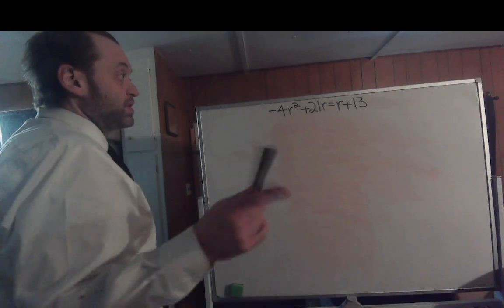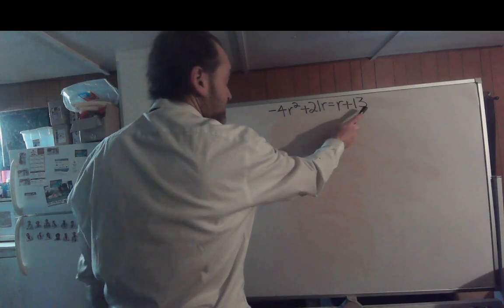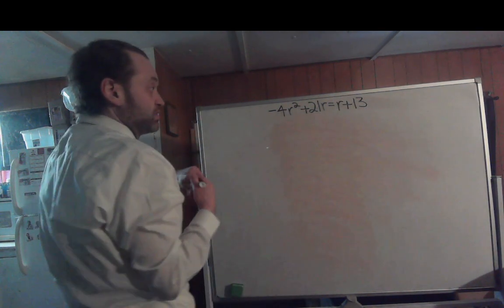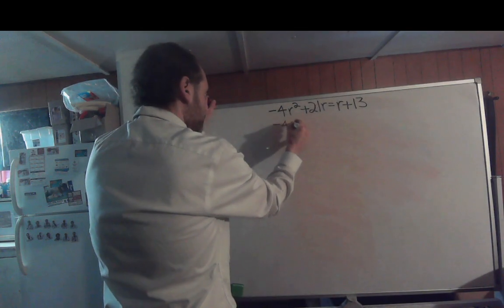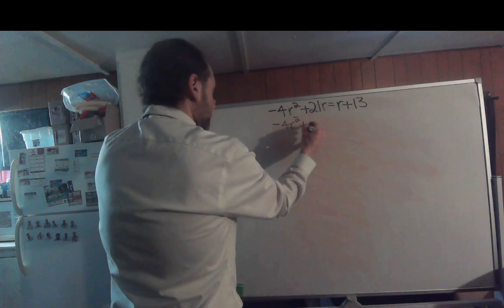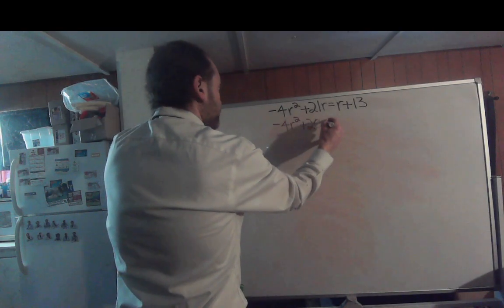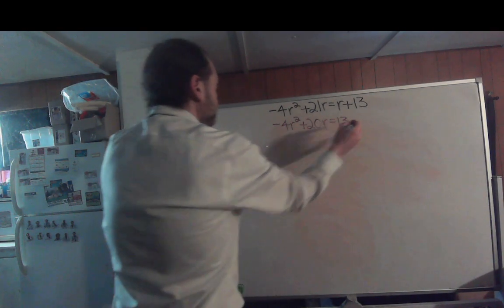Well, we got one thing going for us. We only have a constant term on the right-hand side, so that can be left alone. But for everything else, we need to get the variable term out of the right-hand side, so subtract r from both sides. This would turn into negative 4r squared plus 20r would equal 13.